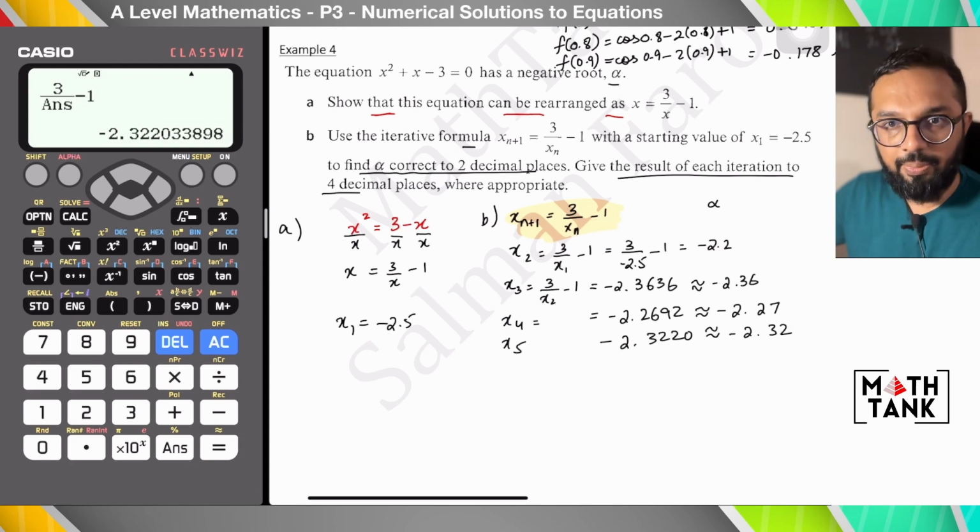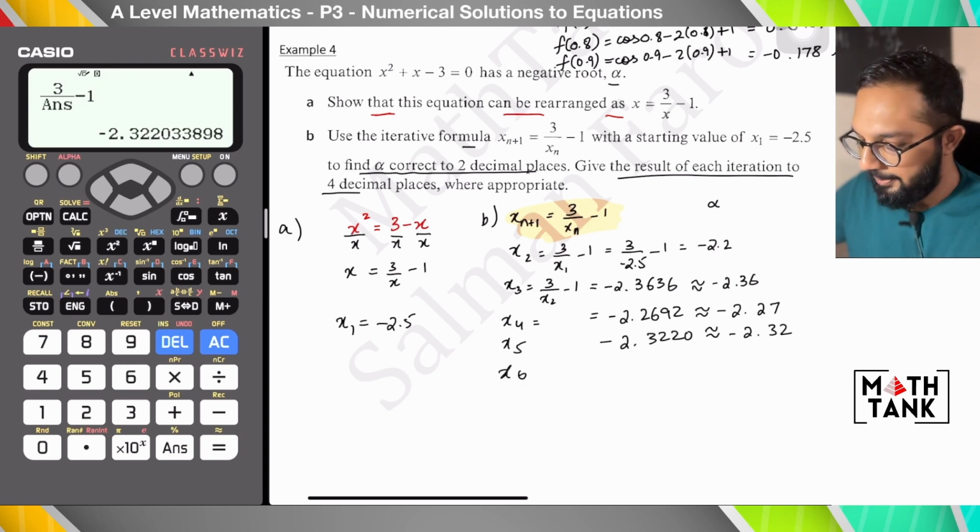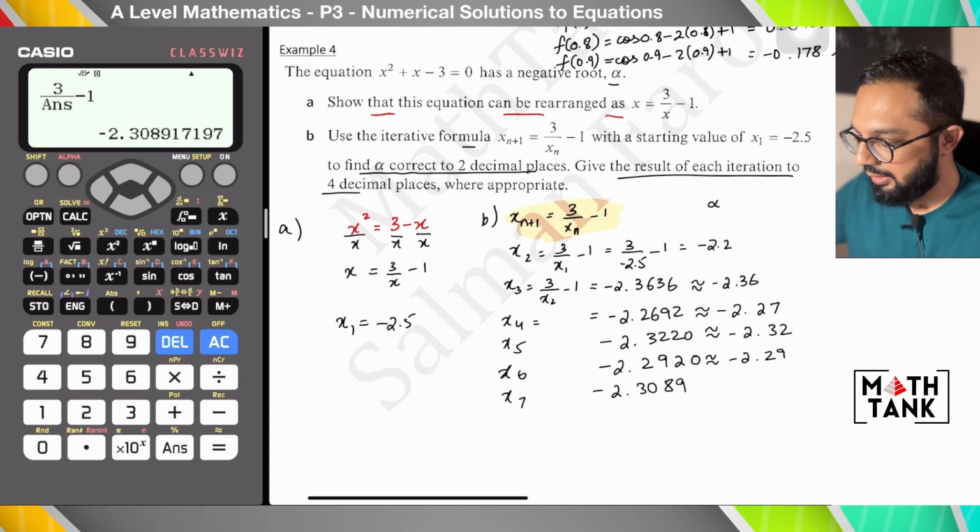I am going to stop in a bit, and I'm going to show you that. I'm going to calculate x6, and that gives me minus 2.2920, which gives minus 2.29. I'm going to round off x7: minus 2.3089, and that comes out to be minus 2.31.